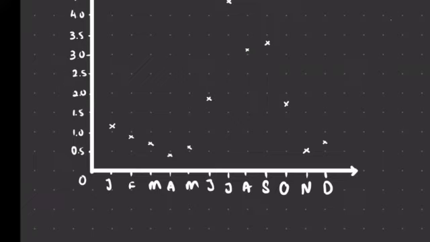Okay, so when we are drawing a line graph, we need to make sure that all the lines are joined together accurately.